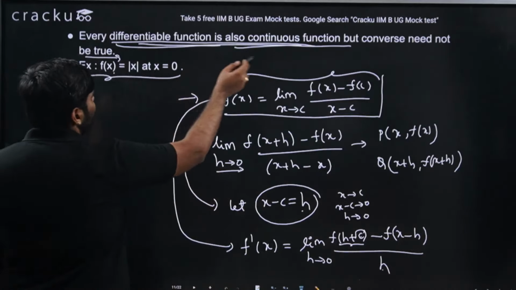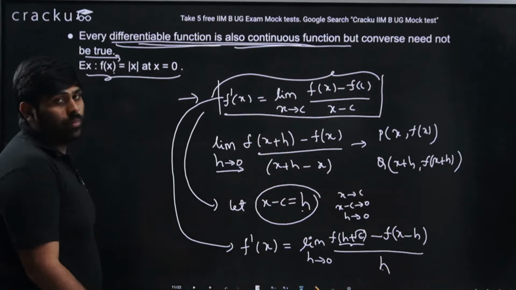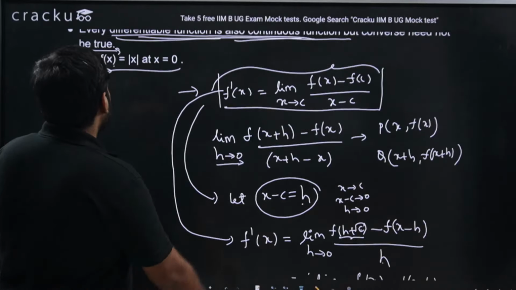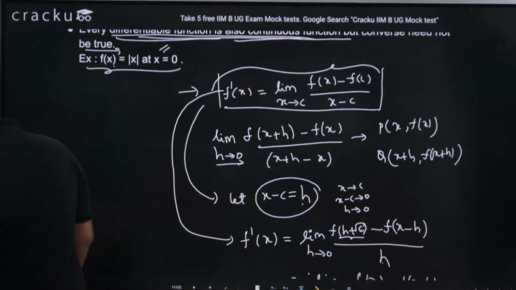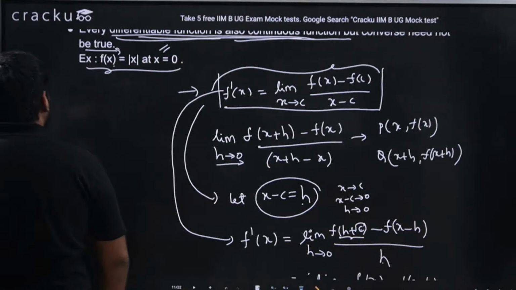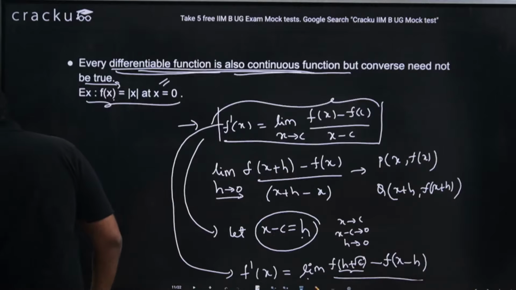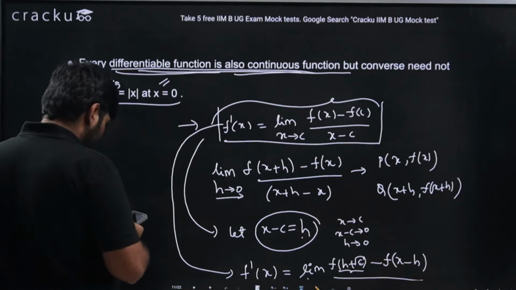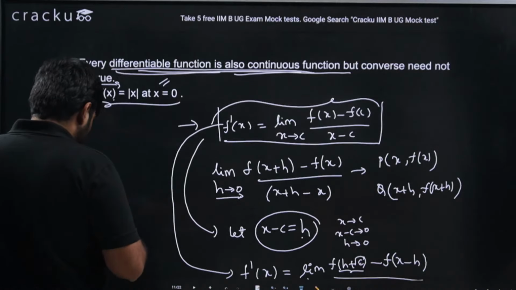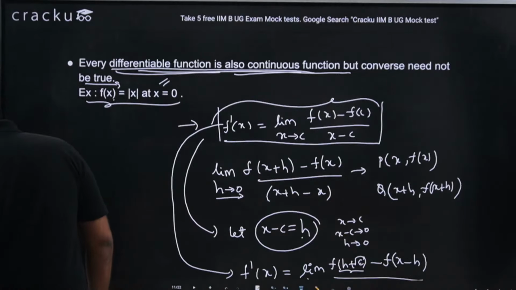That is, every differentiable function is continuous, but every continuous function need not be differentiable. This is an example to prove that statement. I hope I am clear, guys. We'll move forward.